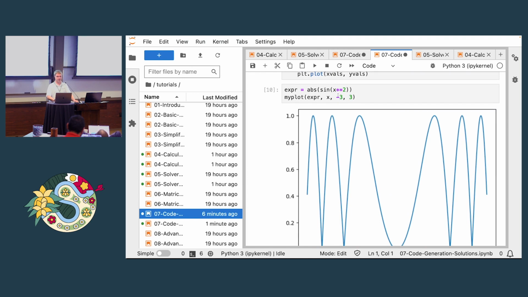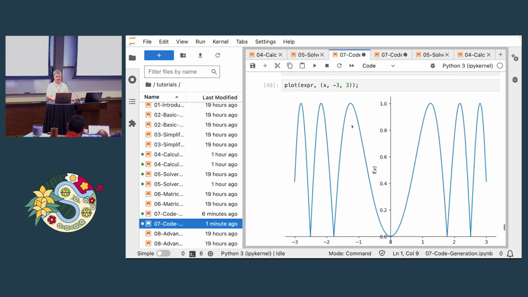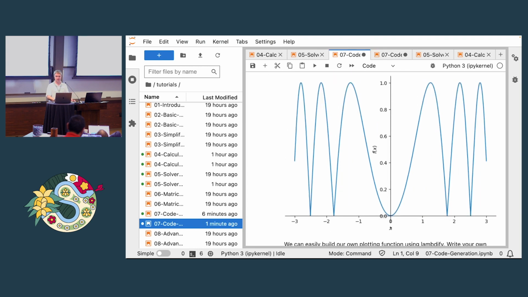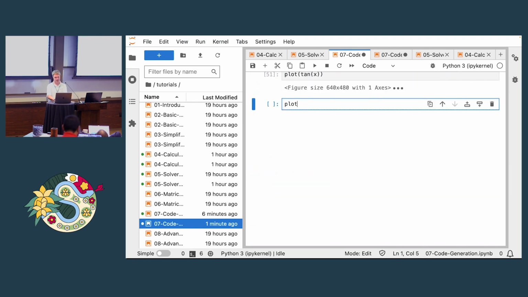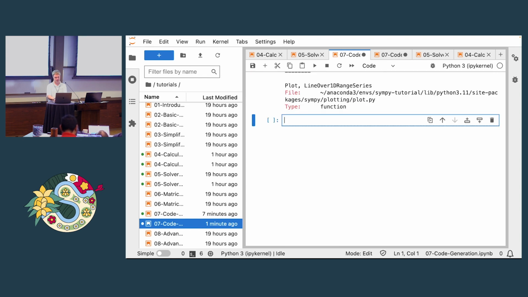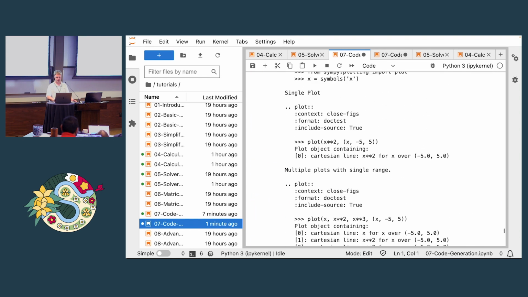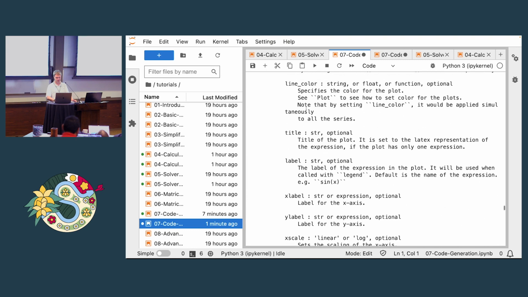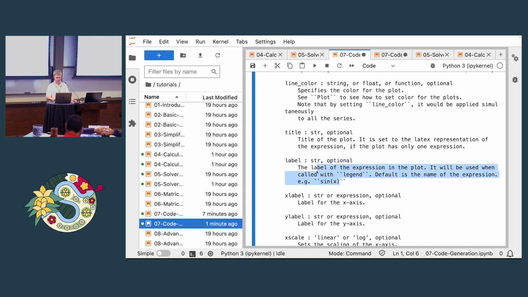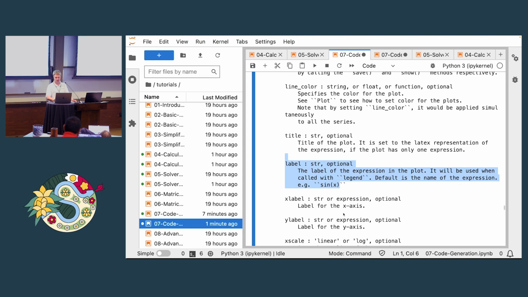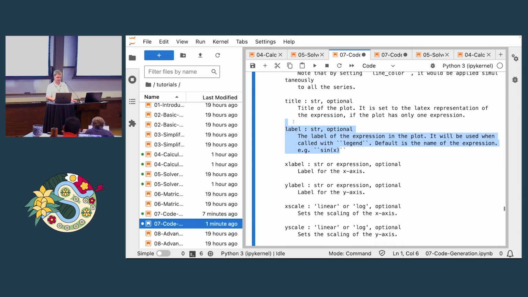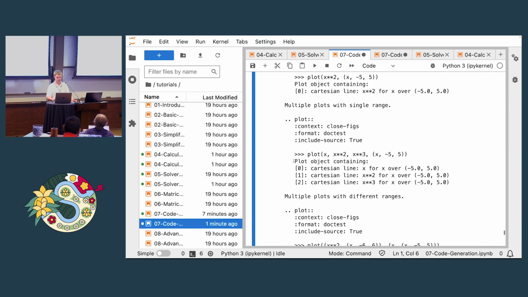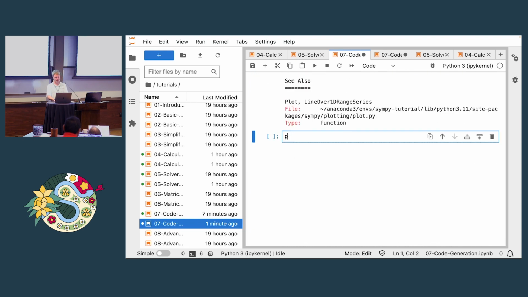Yeah, so SymPy is doing this, and it's also adding some labels and doing some stuff by default. There are some options to that. If you look at the help for plot, there are some options here, like this label option. But the options here, I mean, there's a lot of them, but this is nothing compared to what you get directly from matplotlib.